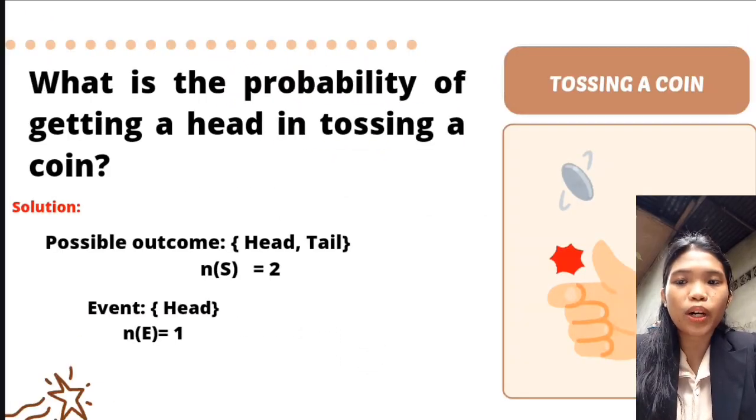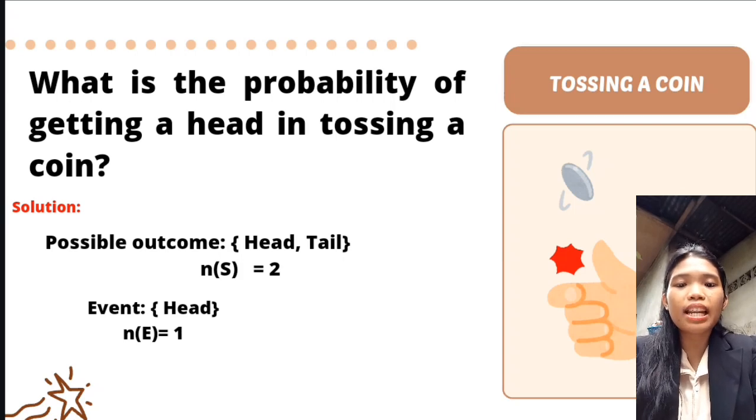So example number 1, what is the probability of getting a head in tossing a coin? So first, let's identify the N of sample space, or the number of total possible outcomes.